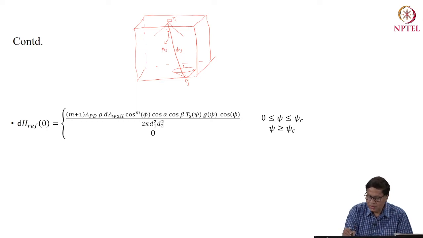And as usual, this is the irradiance angle, say phi half.